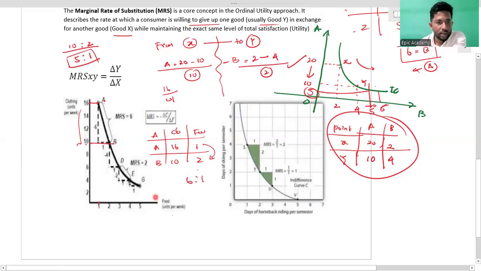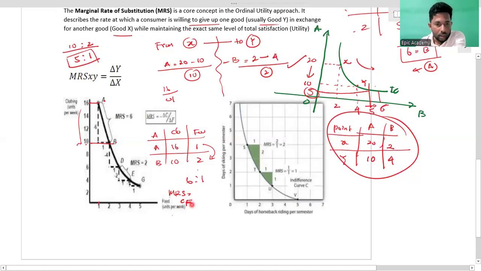So now we calculate the MRS respectively for clothing and food. C means clothing, F means food.